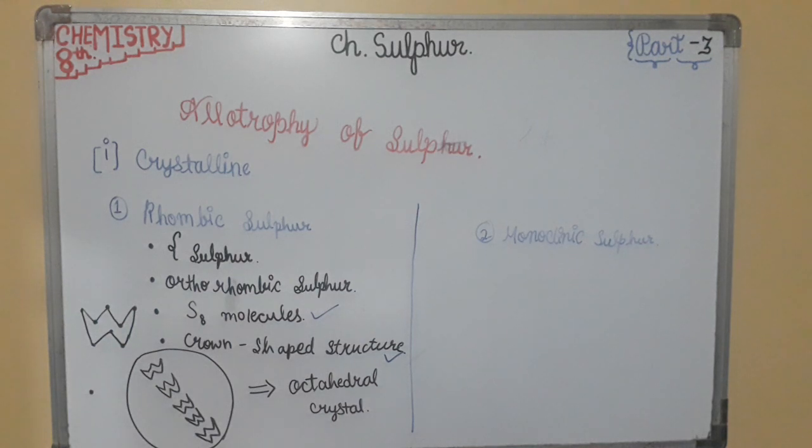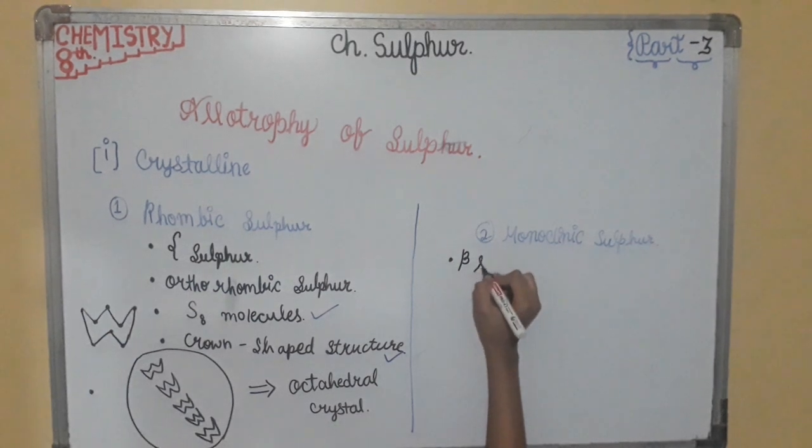The difference is that monoclinic sulfur consists of colorless long needle-like crystals, also known as beta sulfur.